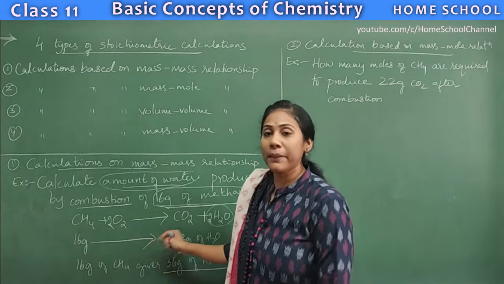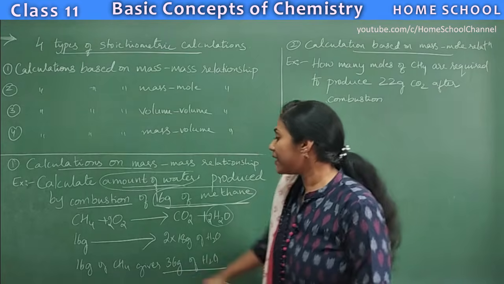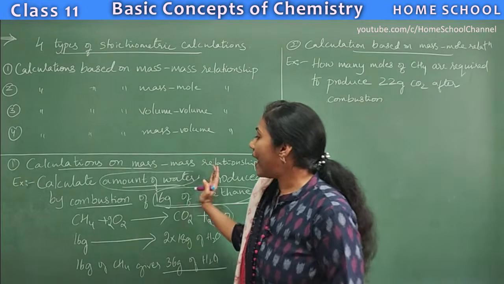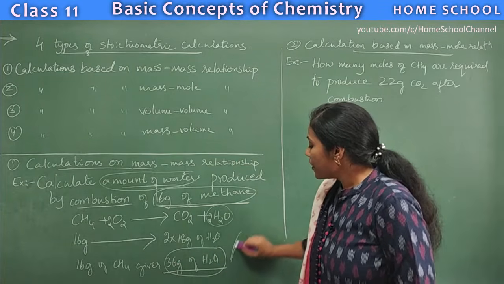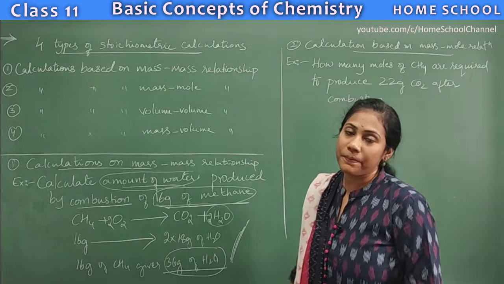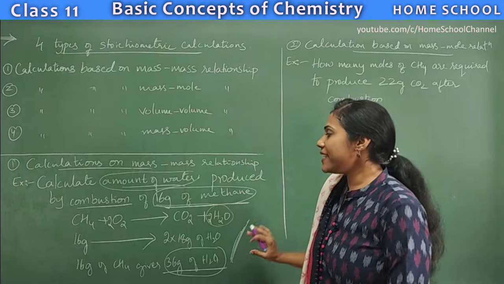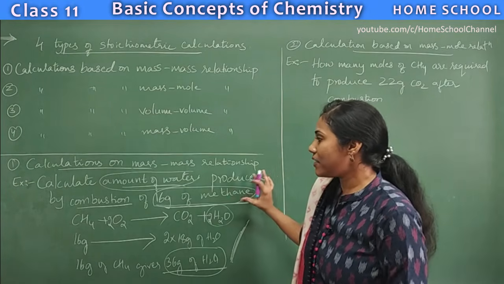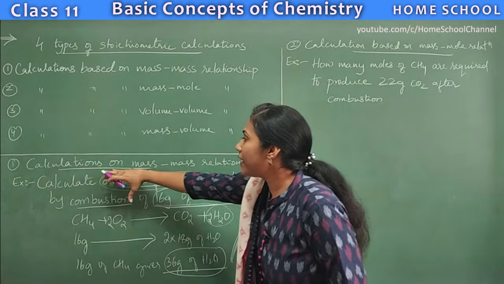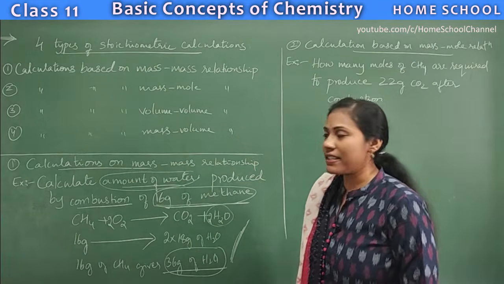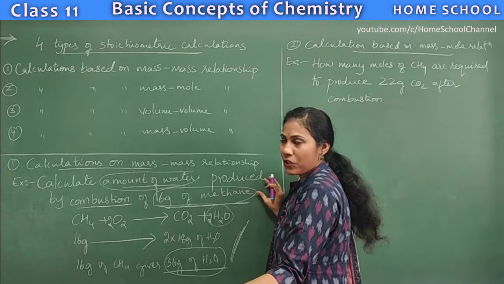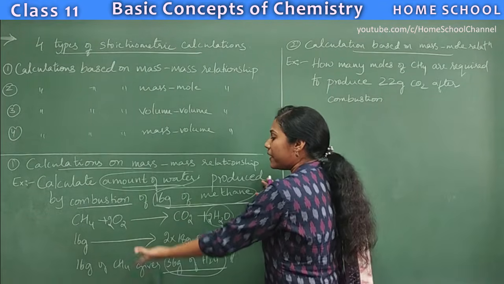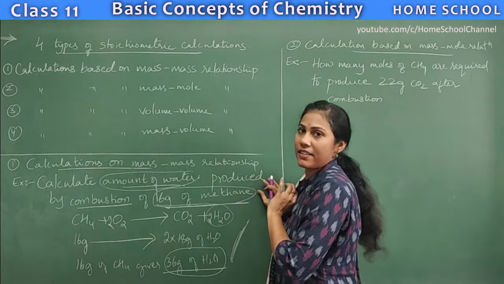So 36 is the answer. Clear? This is how questions can be asked under calculations regarding mass relationship. Mass of something is given, mass only they are asking. Just pick it out from the chemical equation and give the answer.